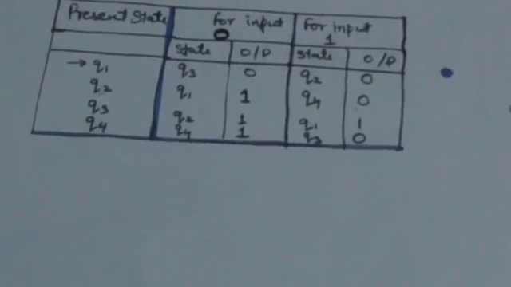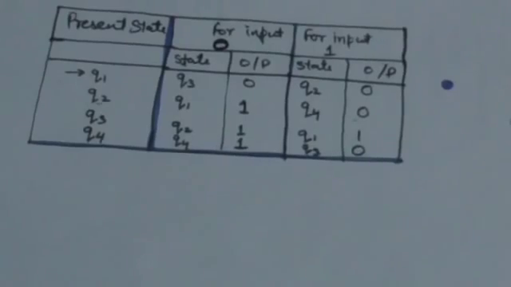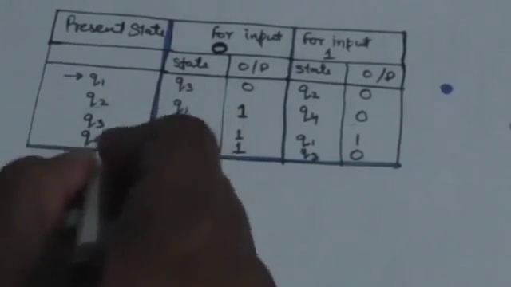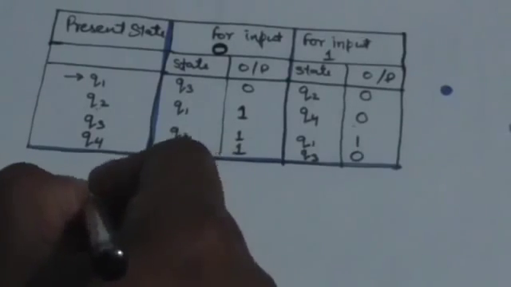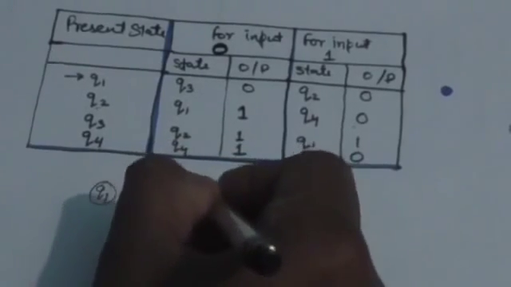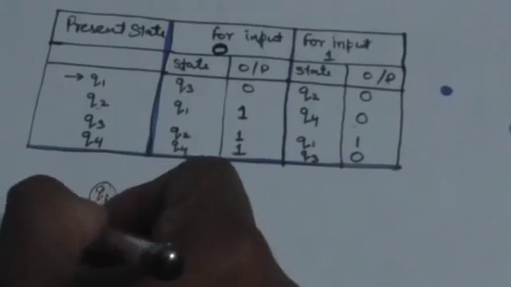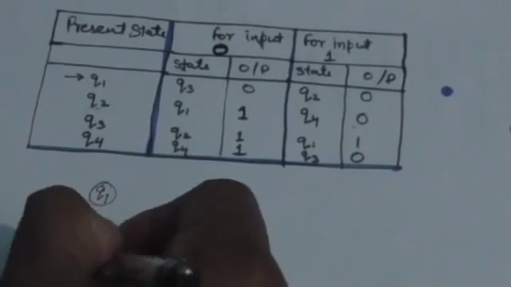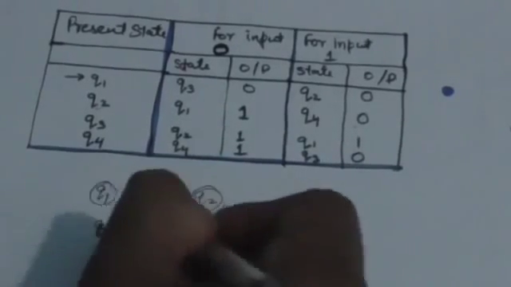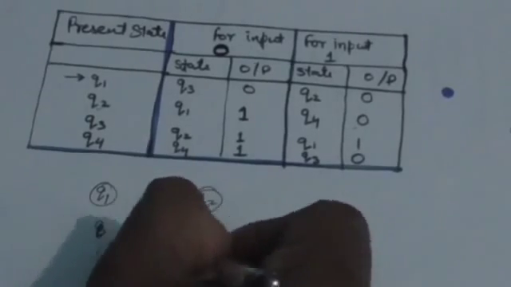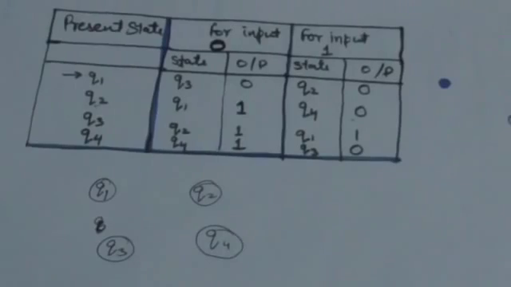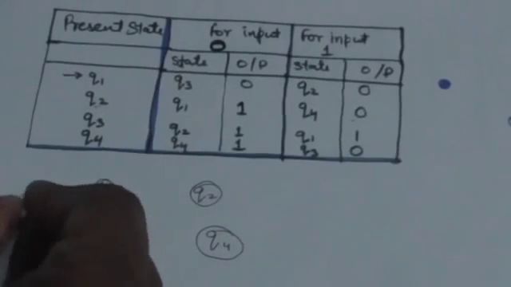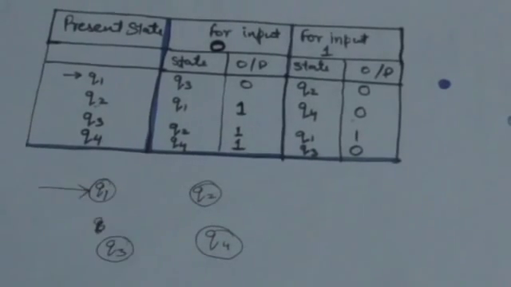Now here we have 4 states: Q1, Q2, Q3 and Q4. Here Q1 is an initial state. We will put an arrow before it.